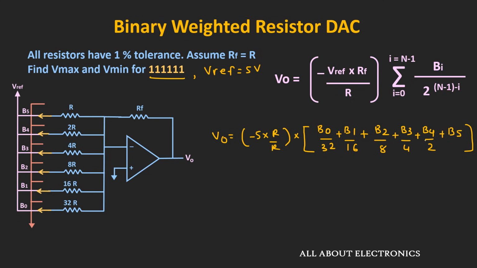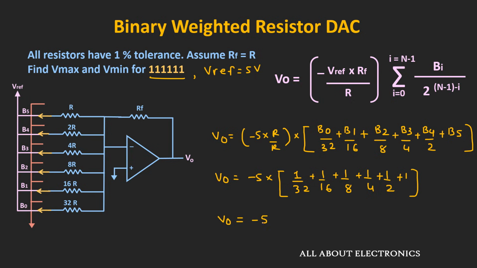And here, as all the bits are 1, so we can write this output voltage Vout as minus 5 times 1 by 32 plus 1 by 16 plus 1 by 8 plus 1 by 4 plus 1 by 2 plus 1. And if we simplify it, then the output voltage Vout will be equal to minus 5 times 63 divided by 32. That is equal to minus 9.84375 volt. And this will also be a full scale output voltage considering all the resistors are ideal.